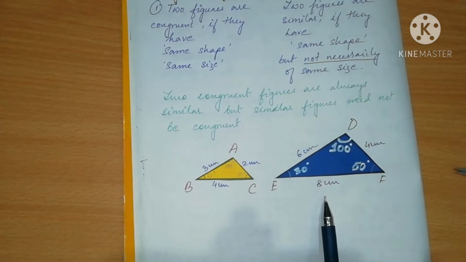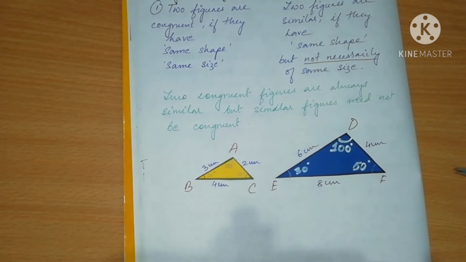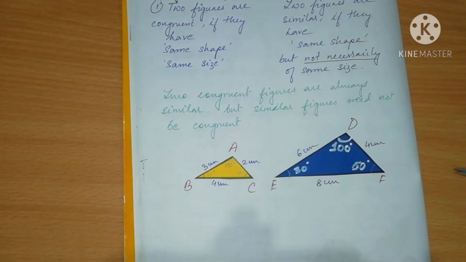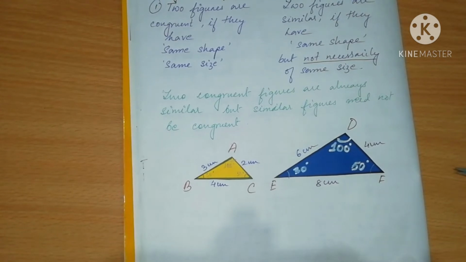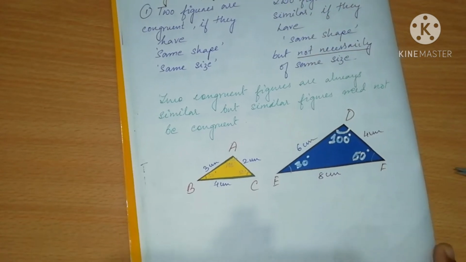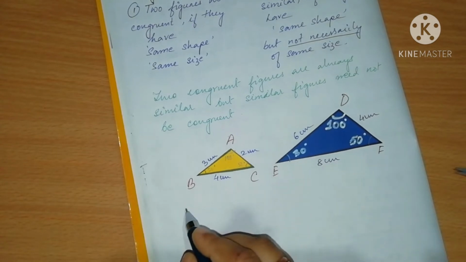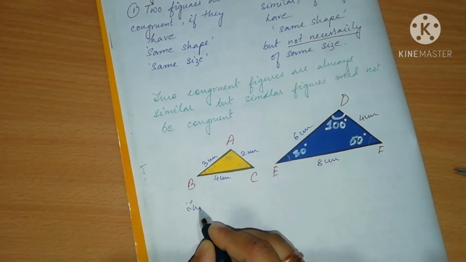To prove whether these two triangles are similar or not, there are two criteria we need to know. As a triangle is a polygon, we can state some conditions for similarity of two triangles.